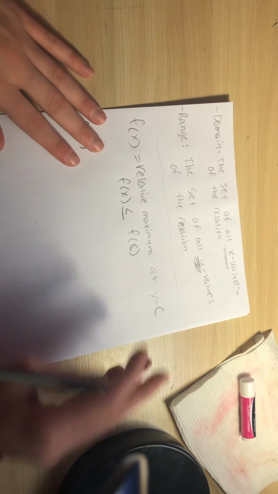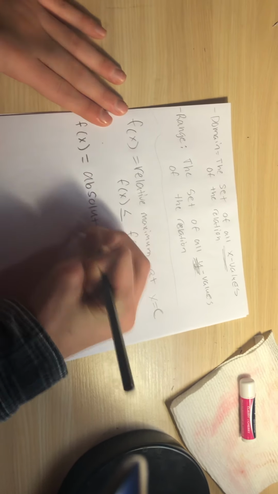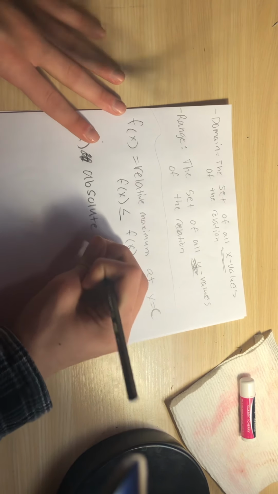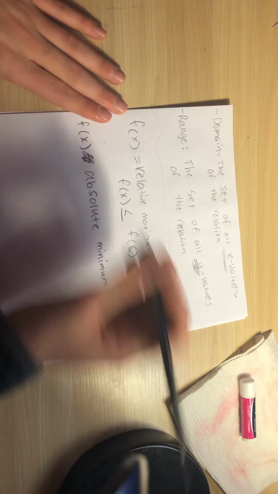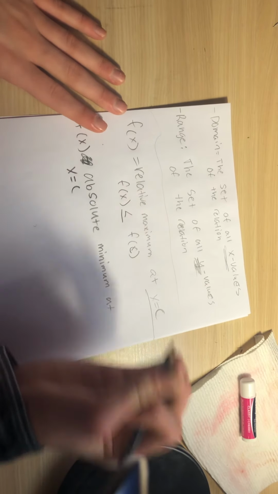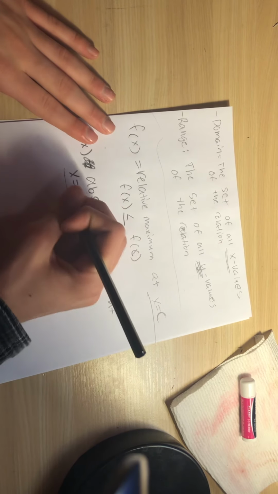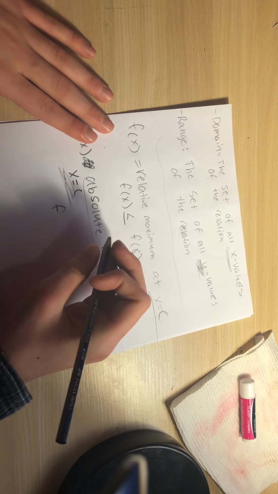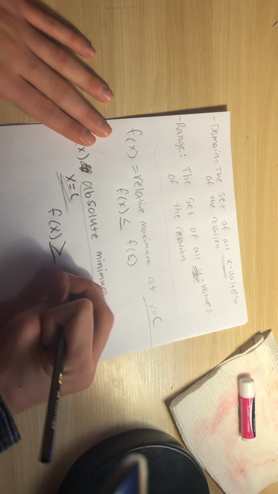So if f of x has an absolute minimum at, let's use the example of x equals c again, then that would mean f of x is greater than or equal to f of c.